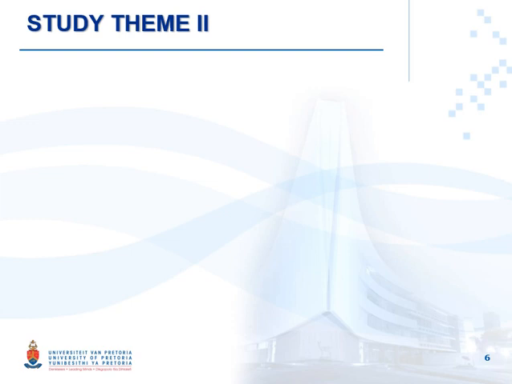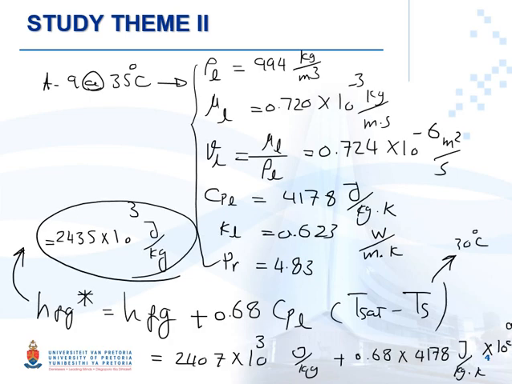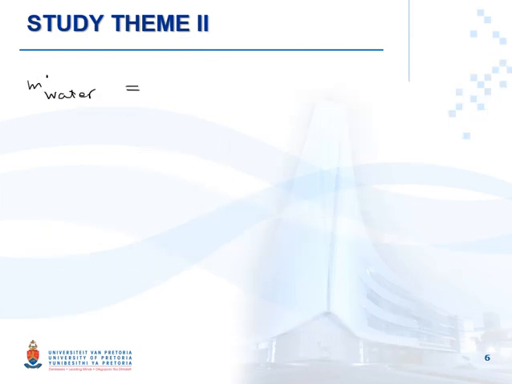M dot of water: what is the density? The density of liquid is 994, so we just write it here, 994.